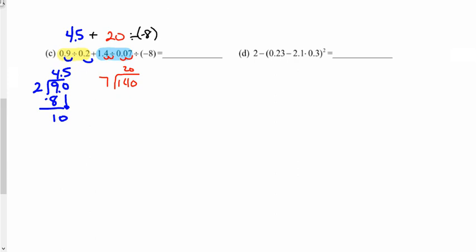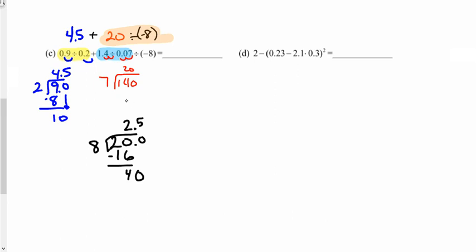The next thing that I'll do then is this part right here, the part that says 20 divided by -8. Okay, so we'll come down a little bit. 20 divided by 8. 8 goes into 20 2 times. Oh, I had a remainder, so I had to start putting some decimals on. And then 8 goes into 40 5 times. Once you put the decimal, it just stays right there.